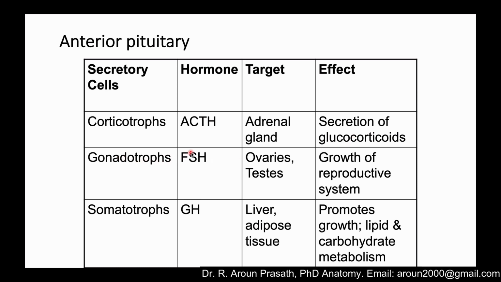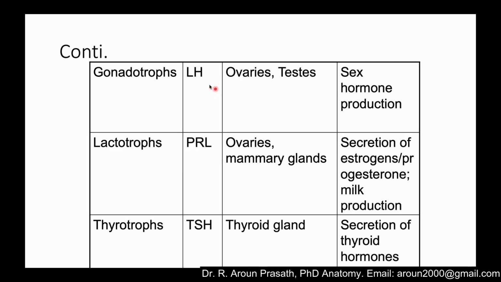Then the follicle stimulating hormone released by the anterior pituitary goes to the ovary and testes and makes them produce estrogen, progesterone, and testosterone. The somatotropes release the growth hormone that goes to the liver and the body's adipose tissues and helps them in carbohydrate metabolism. Then the luteinizing hormone produced in the anterior pituitary goes to the testes and ovary and they produce these sex hormones.